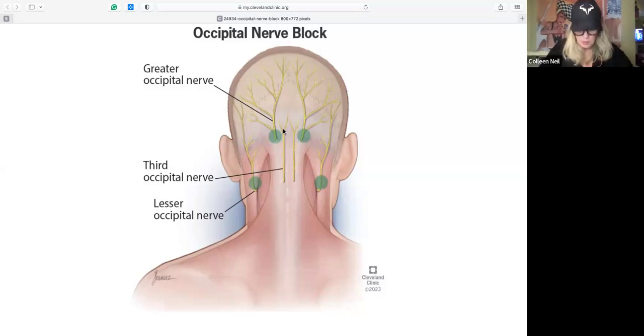So when you're talking about getting a nerve block, part of the reason that doctors do that is to say, okay, do you have occipital neuralgia, or do you potentially have something else going on here?